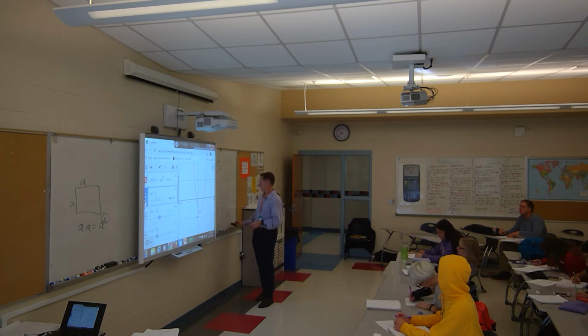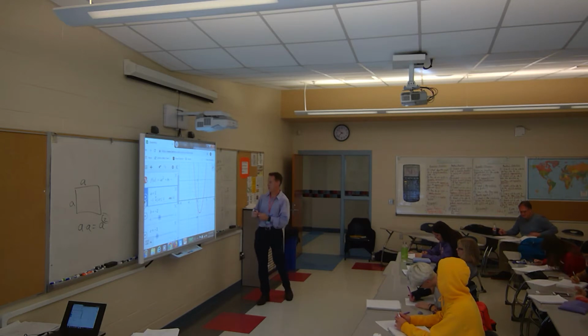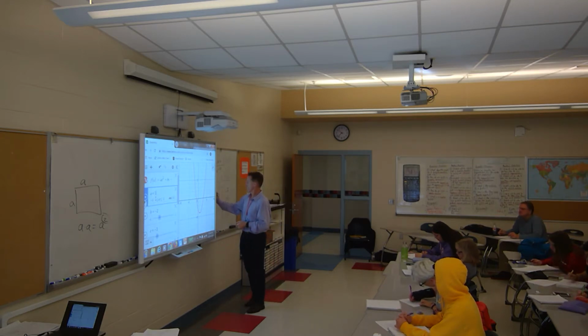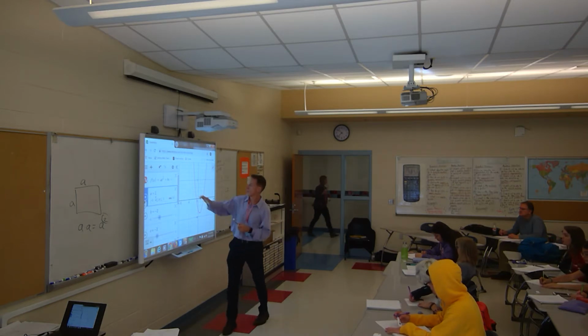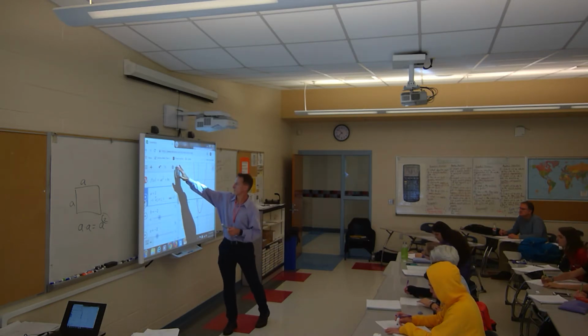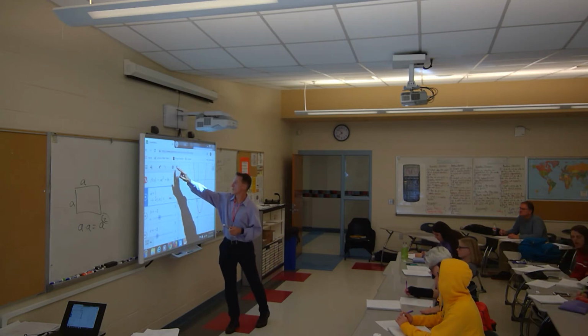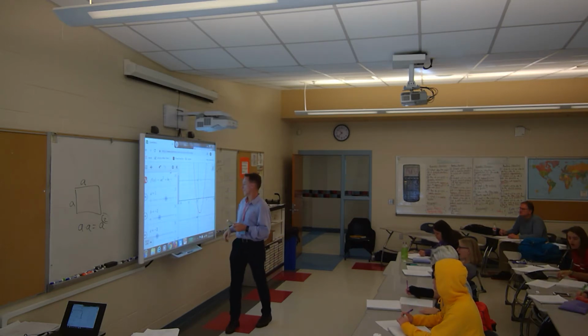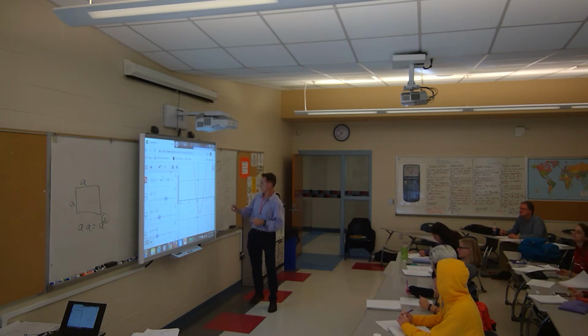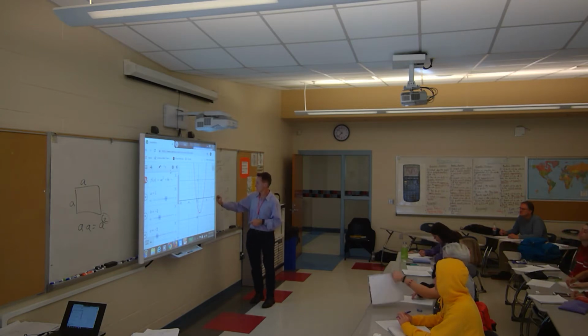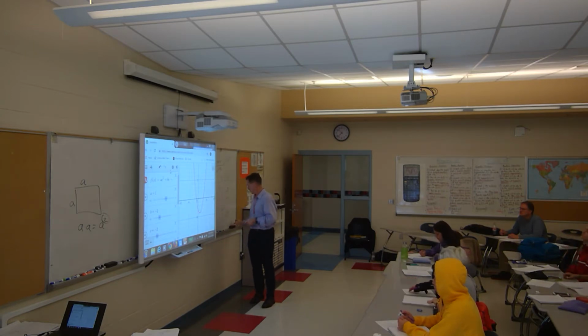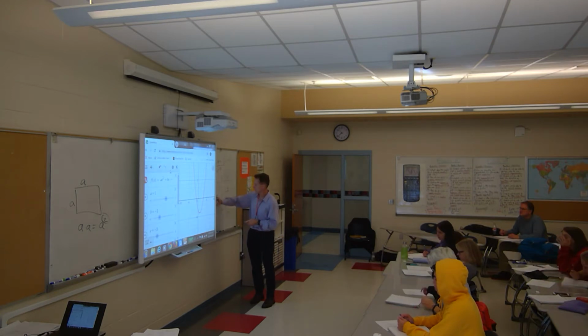Well, what about 2? What do we get for f of 2? -3. Well, let's see. F of 2 is equal to what? 2 squared, right? 2 times 2.